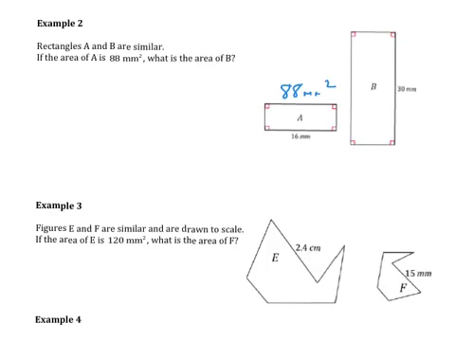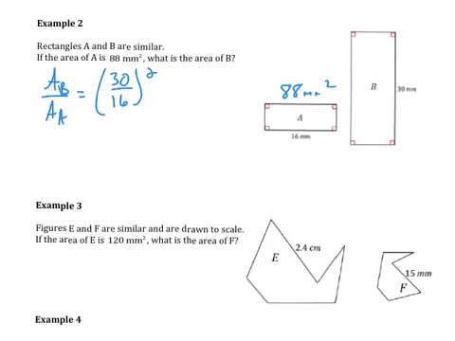Well, the area of B over area of A is going to be the scale factor going from B to A, so 30 over 16, and I'm going to square it.